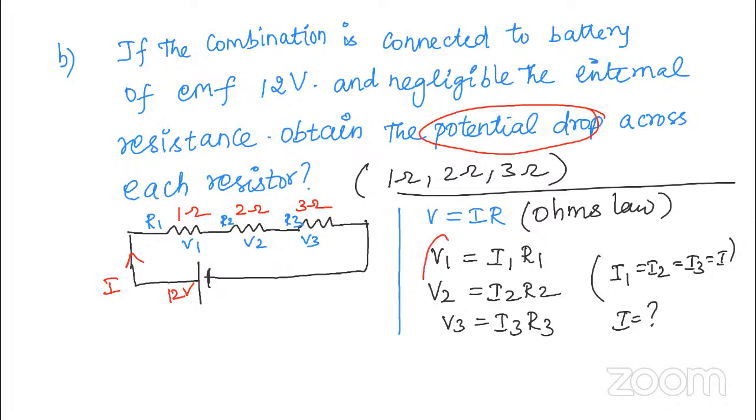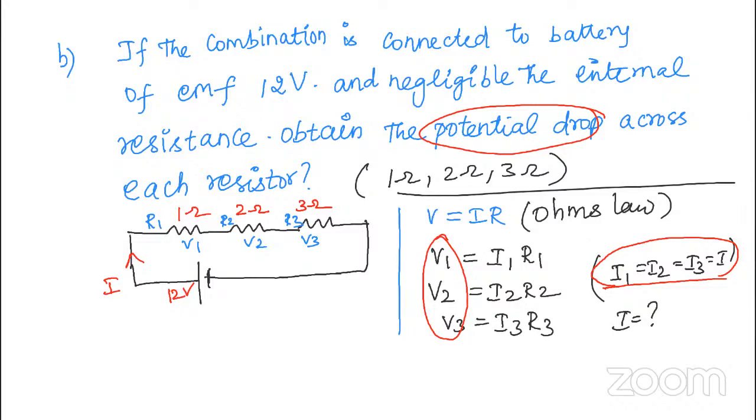So the potential drops are V1, V2, V3. So to calculate these V1, V2, V3 values, we need the I1, I2, I3 values. So this is common, which we know is I. So how do we calculate the I value? Have they given the I value directly here? They are not given. Correct?